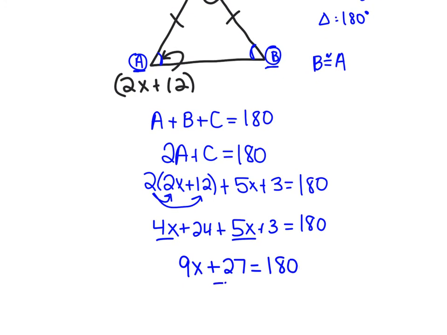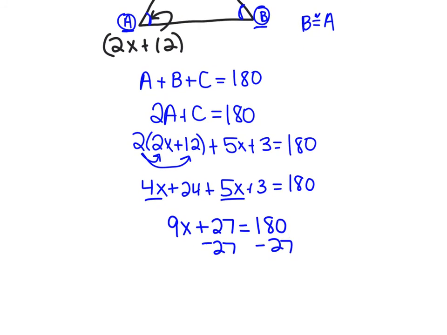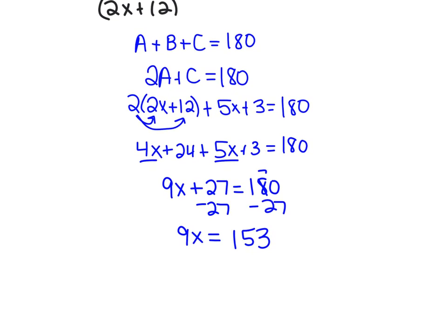When we subtract 27 from both sides, we are left with 9x equals 153. Okay, and then when we divide 153 by 9, we are left with x equals 17.